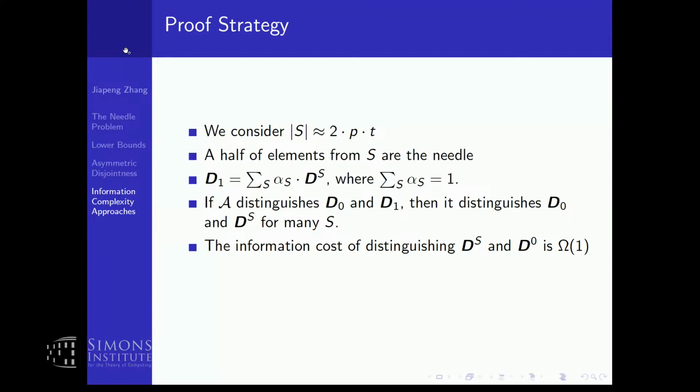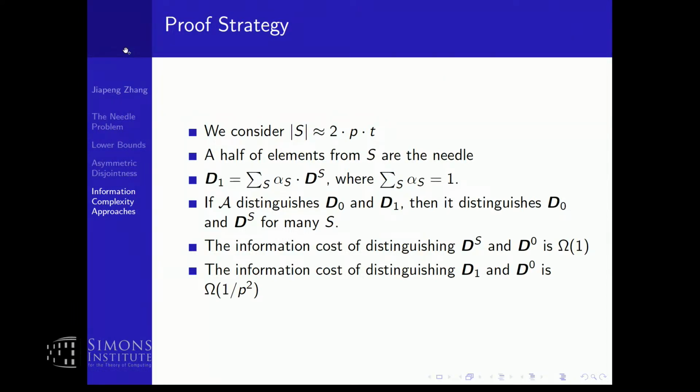Now the last step: we want to show the information cost. I will define the information cost very soon, but keep this in mind. The information cost of distinguishing DS and D0 is omega 1. We restrict to the small set S, which contains only the potential needles. Even after this restriction, you still need omega 1 information cost to distinguish DS and D0. This is the proof strategy.